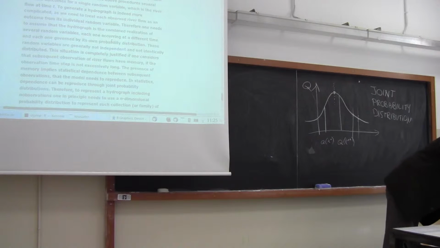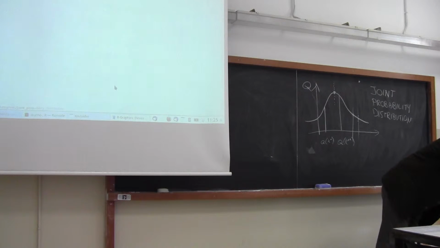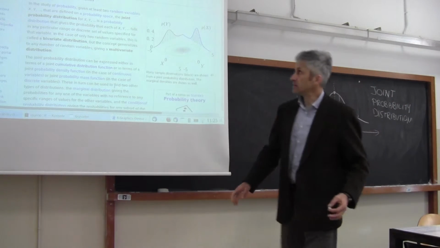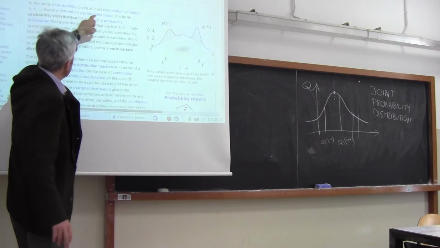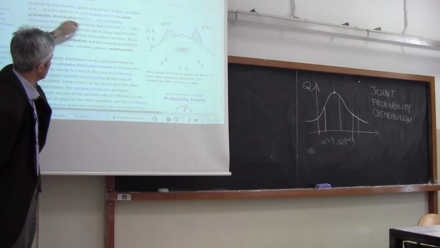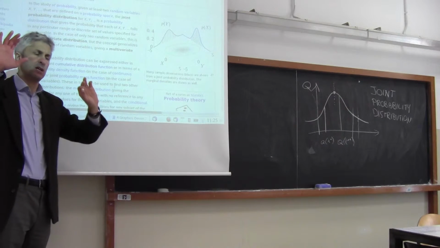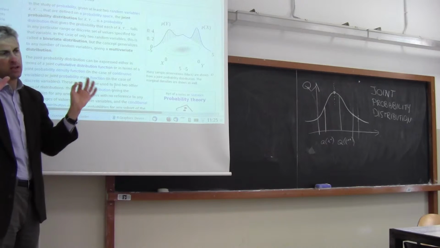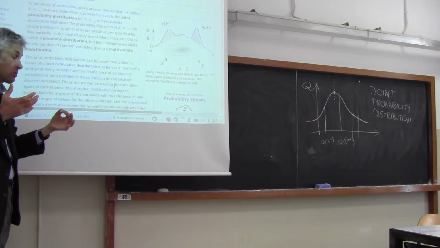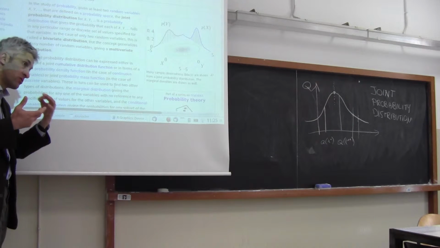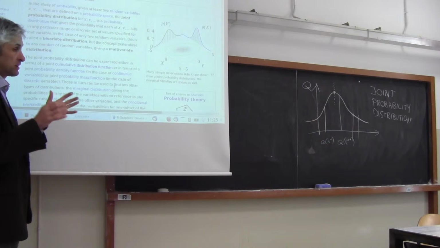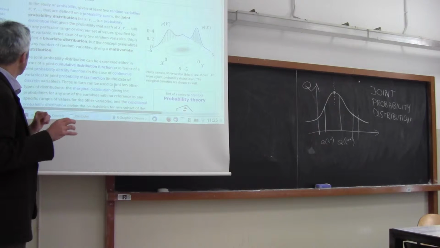And indeed, if you see here the Wikipedia page for joint probability distribution, it says that in the study of probability, given at least two random variables, x and y, okay, let's forget about the probability space. These are definitions that we didn't discuss. I didn't want to introduce this notation, which would be needed for a rigorous treatment, but I prefer to introduce the least number of definitions that I could.